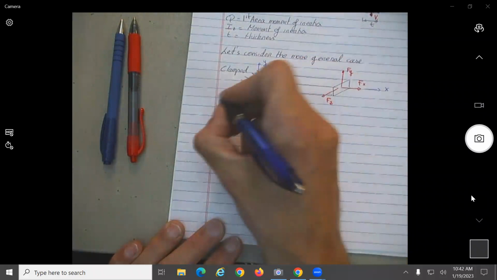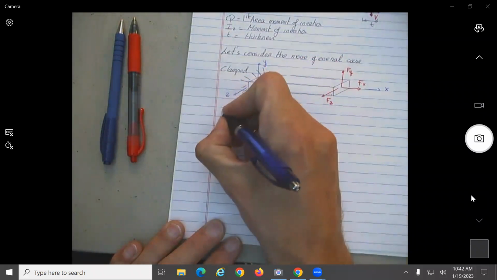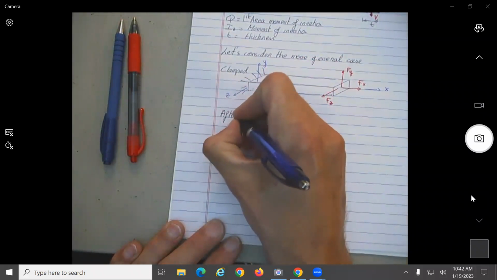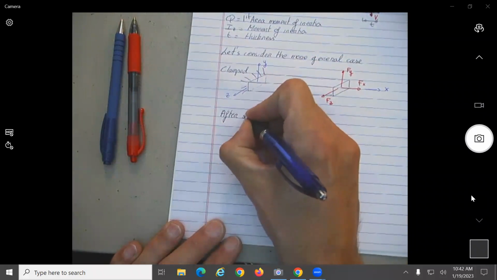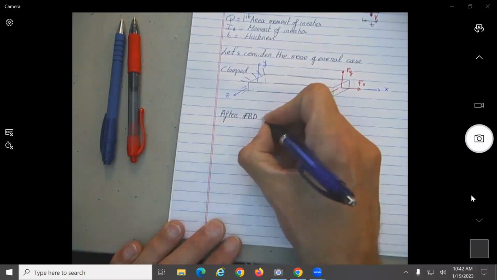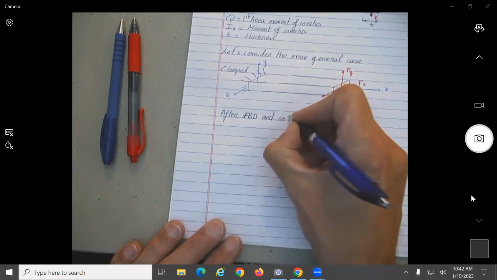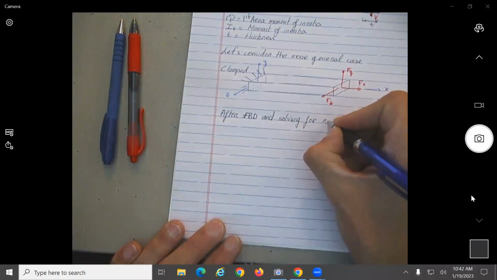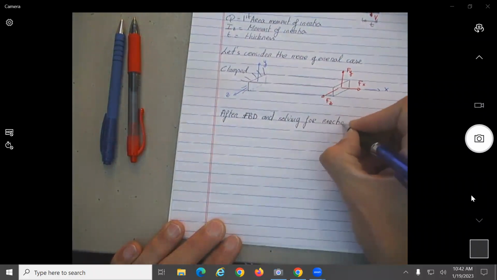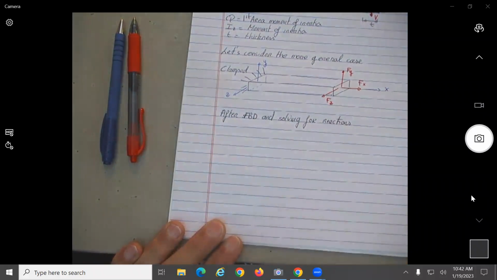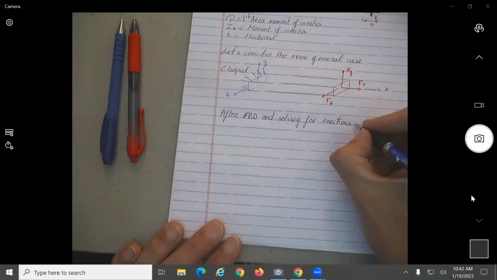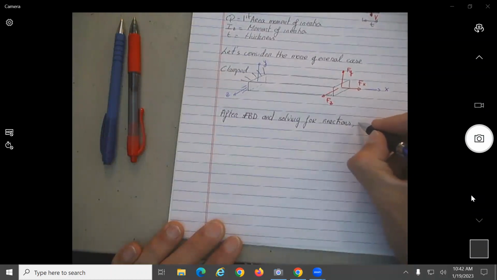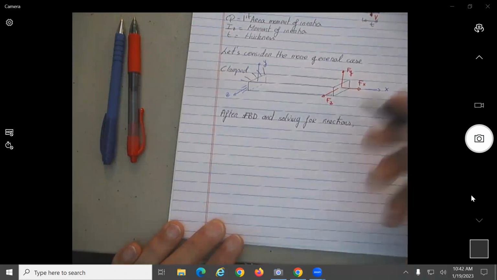You need to solve. So after the free body diagram and solving for reactions, it will be the same thing.